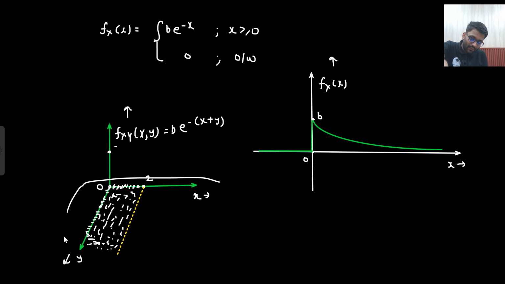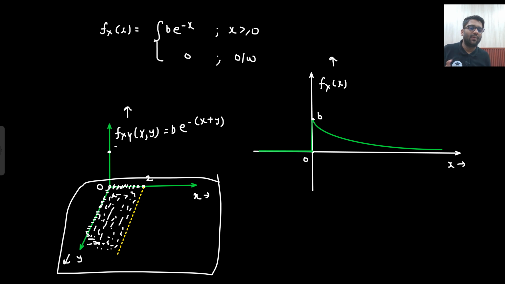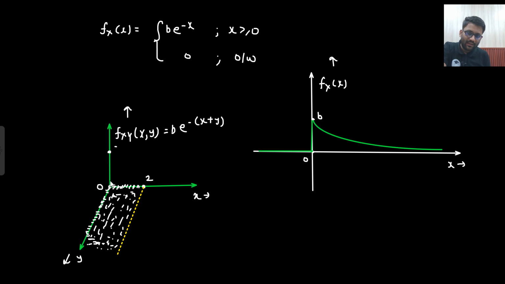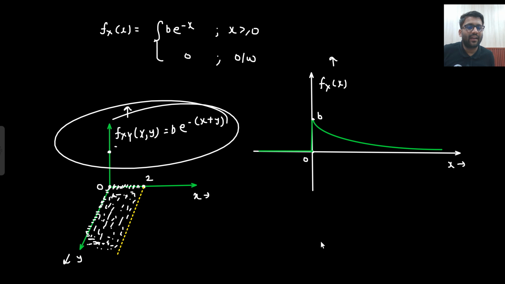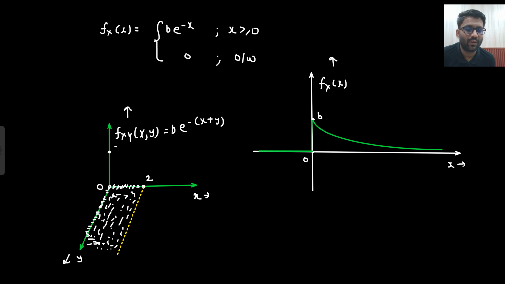Now this is my horizontal plane. On the horizontal plane, the value of x is from 0 to 2 and the value of y is from 0 to infinity. On the vertical axis, I am supposed to show the value of the joint PDF, but I am not going to show that because making the graph will be difficult here. So why do we need to make the graph?